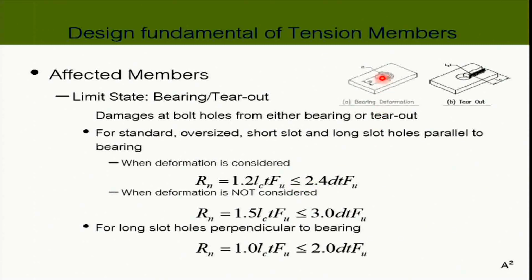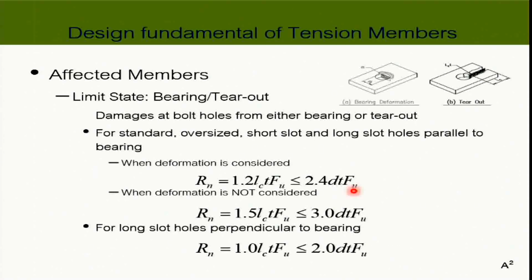Okay. So here is the approximation. Right here is the bearing stress. And generally the bearing stress is 2.4 multiplied by Fu. It is very, very strong. So that means steel is very hard to fail under pressure.